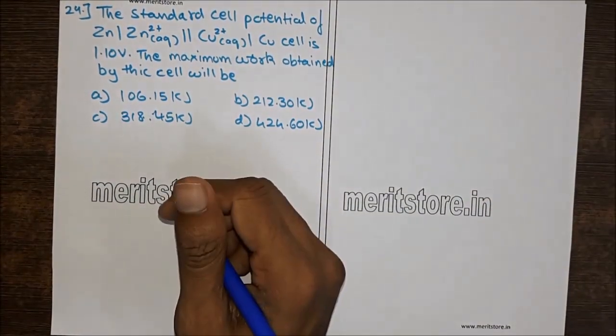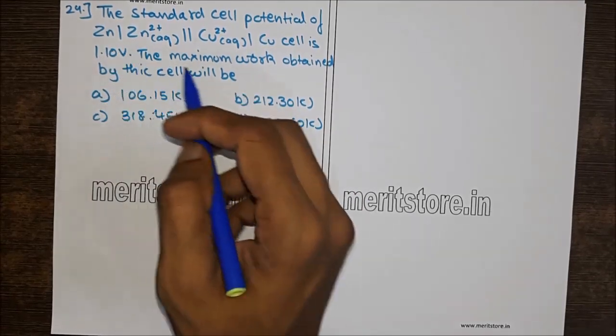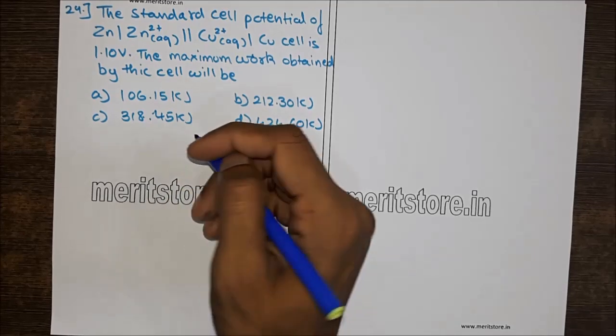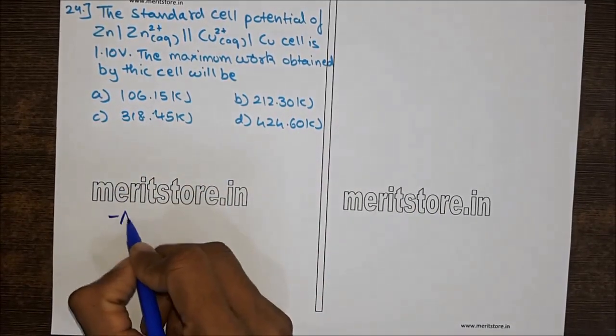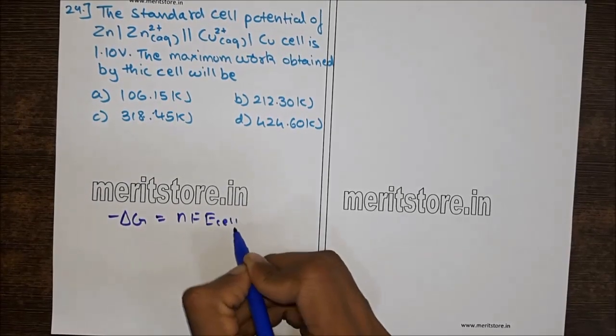Question 29. The standard cell potential of the given cell is 1.110 volt. The maximum work obtained by the cell will be, so the maximum work will be done by the given cell using free energy, that is minus delta G equal to nFE cell.